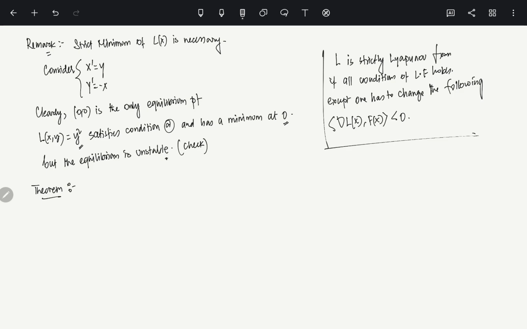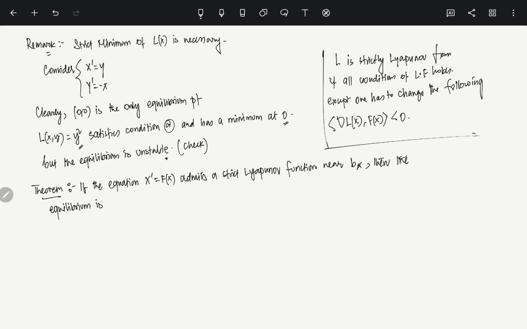So now the theorem says that if the equation x prime equals f of x admits a strict Lyapunov function near B star, you can actually guess what is going to happen, then the equilibrium is asymptotically stable.